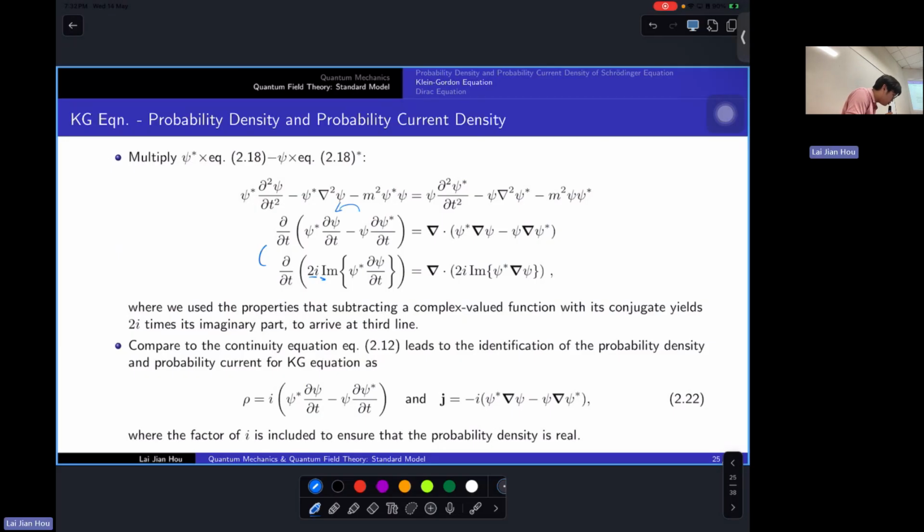And because we wish that the probability density is real, we multiply with i here in rho and also j to make sure that rho and j are real.